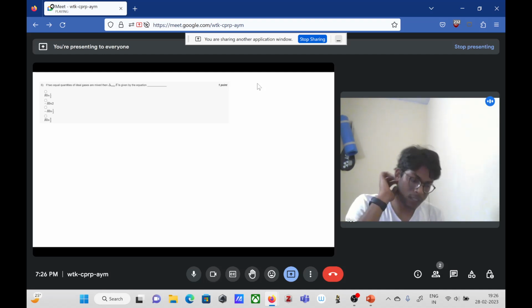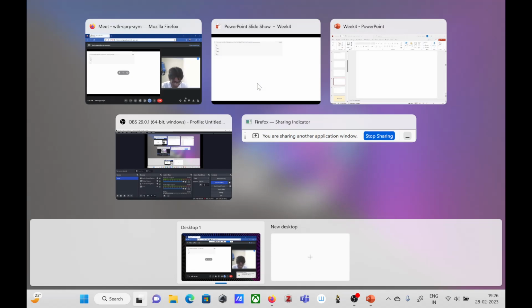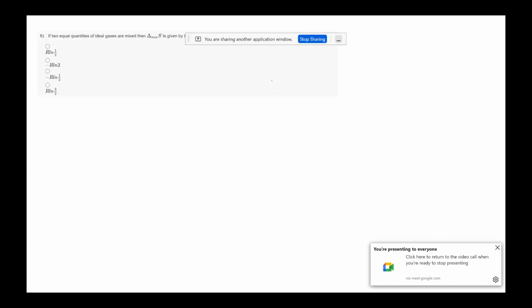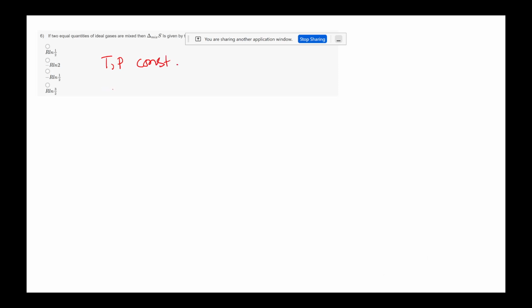Now to do this, we know from the previous expressions that if temperature and pressure are all constant, then delta S will be only dW by T. So from here we can write delta S as minus, and minus and minus plus P dV by T for an ideal gas.